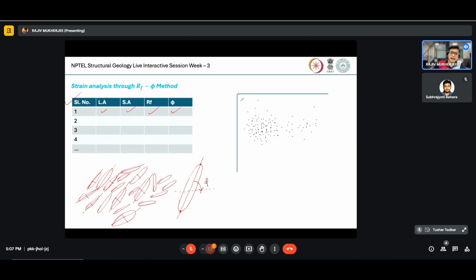Now in a graph we plot phi, which can range from 0 degrees to 180 degrees, along the y-axis, and along the x-axis we plot the values of Rf.